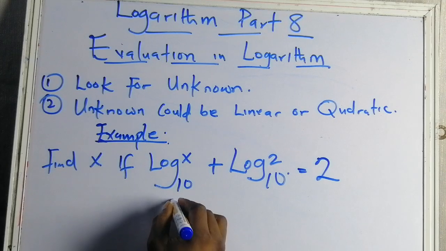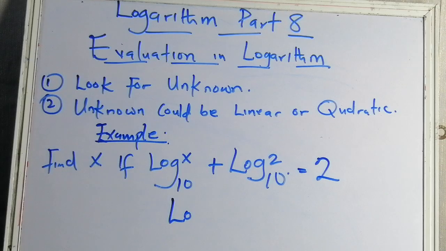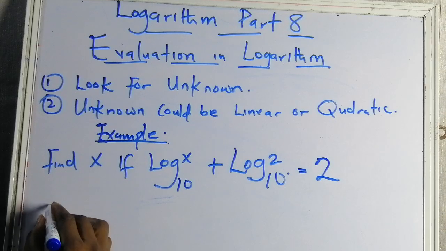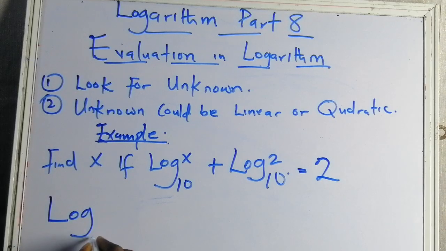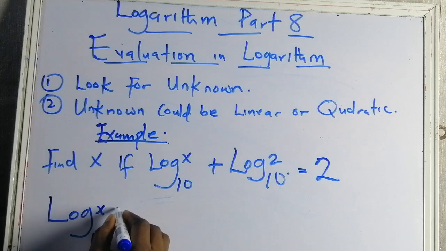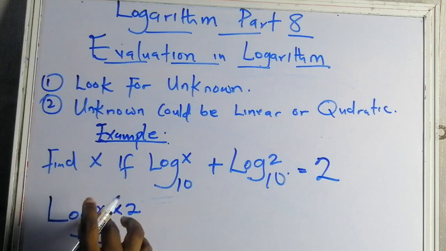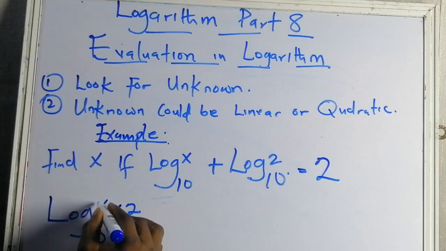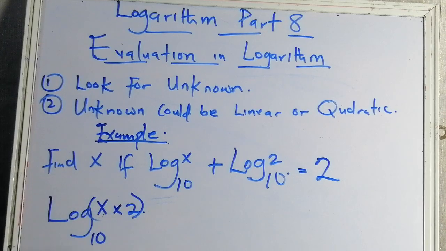So this is log 10 of x times 2 equals 2. Don't mix this up. This is x times 2.